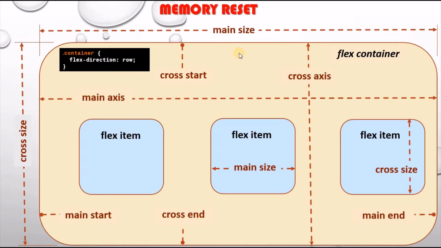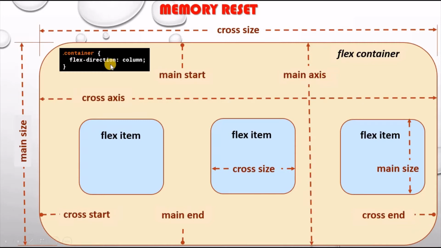And instead of speaking of top and bottom, we'll be speaking of cross start, cross end. Right? And looking at our container, instead of speaking of vertical size or height, here we'll be speaking of cross size, because it is in the cross direction, this one. So this is cross size. And this, instead of speaking of width, we'll be speaking of main size, because it is in the main axis direction. Okay?